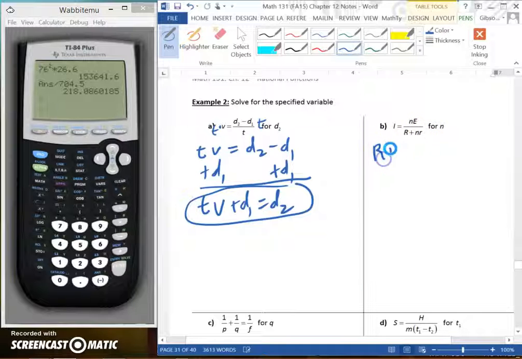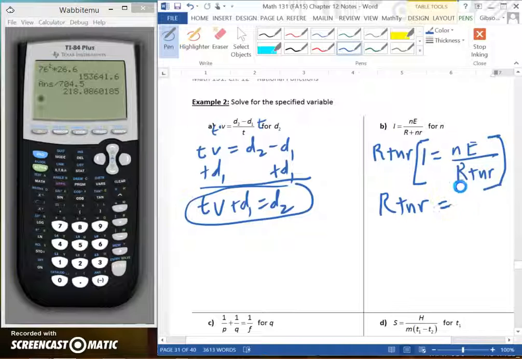So we have r plus nr, and we will multiply it by that whole equation. So we will have r plus nr is equal to, these will simplify out, and you have n times e.